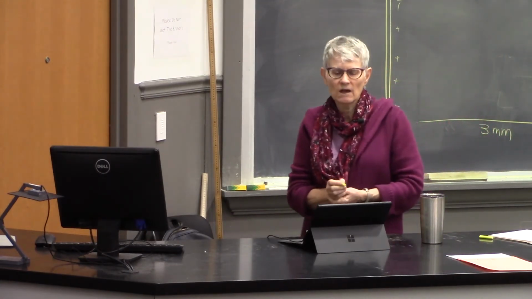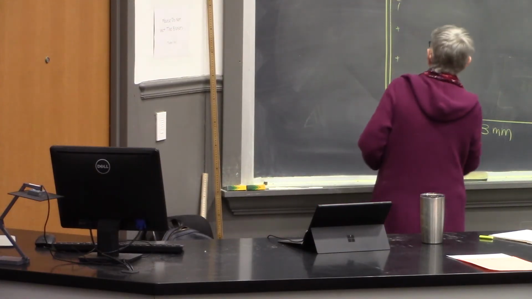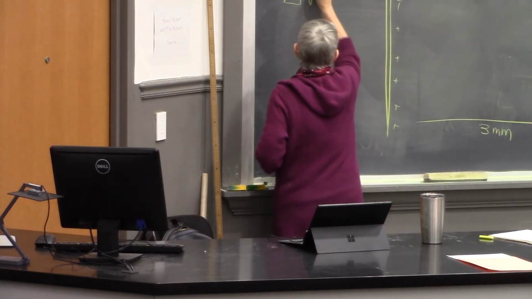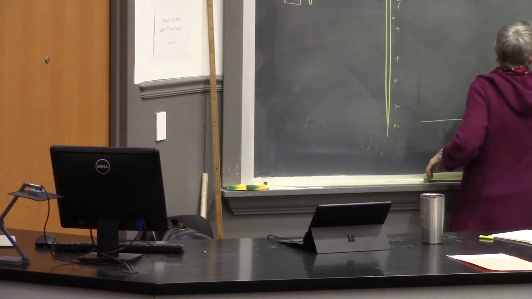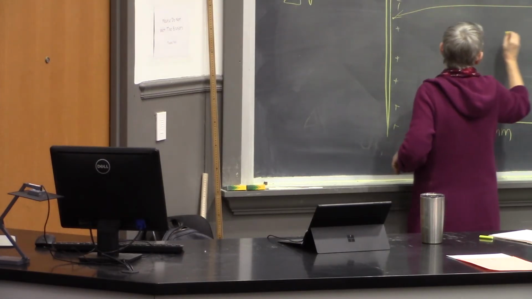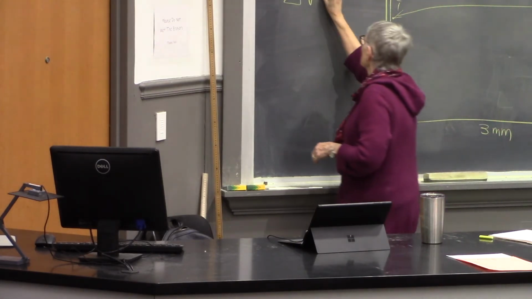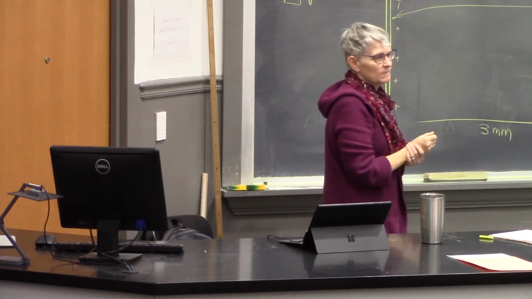The potential difference from a path that starts here and goes to there is 6 volts.